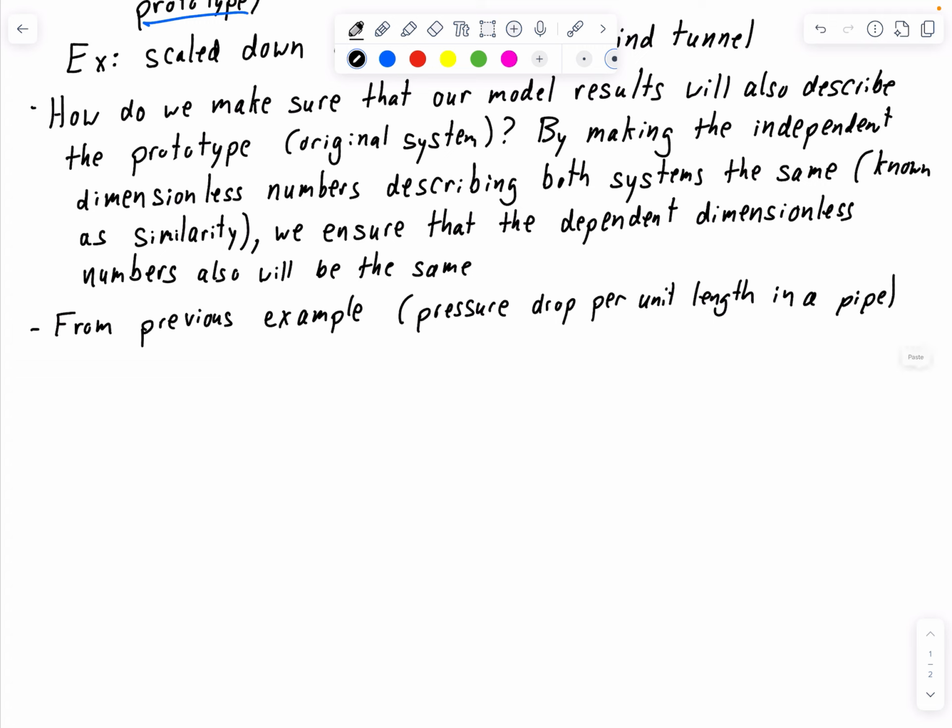And we developed this relationship that delta P sub L, which is our pressure drop per unit length, times D, the diameter of the pipe, divided by rho V squared, so that's the density of the fluid times the velocity squared, is a function of rho VD over mu, the density times the velocity times the pipe diameter divided by the viscosity.